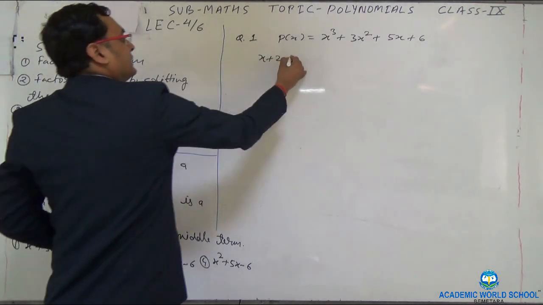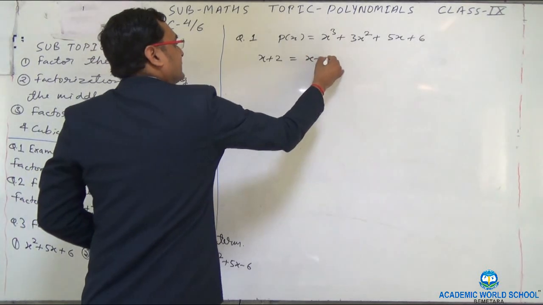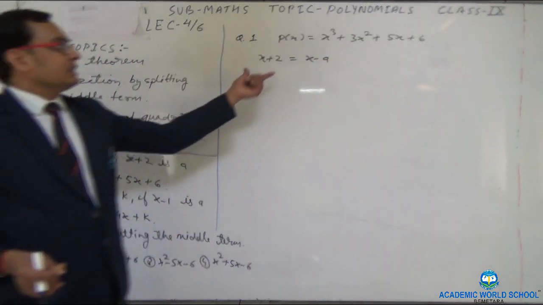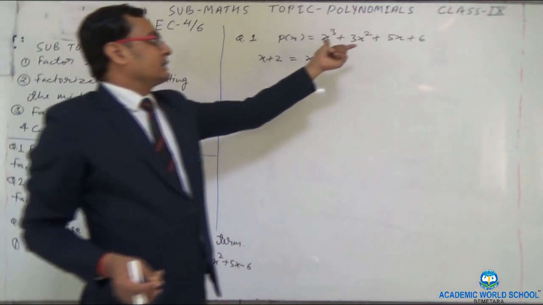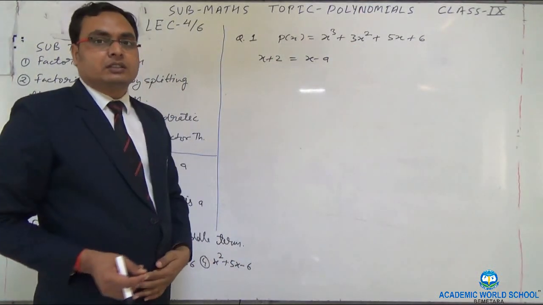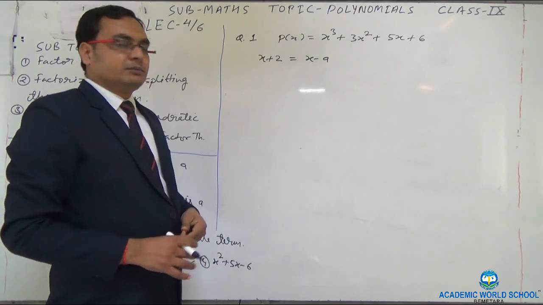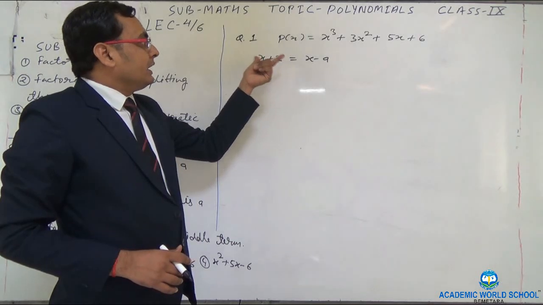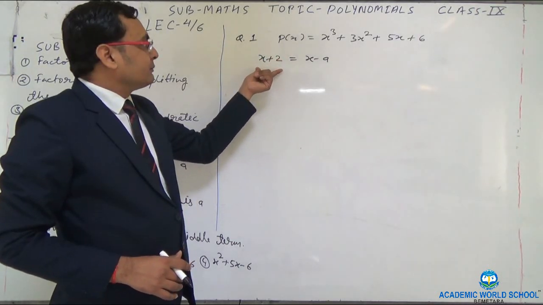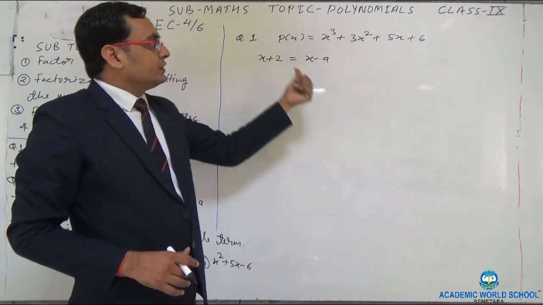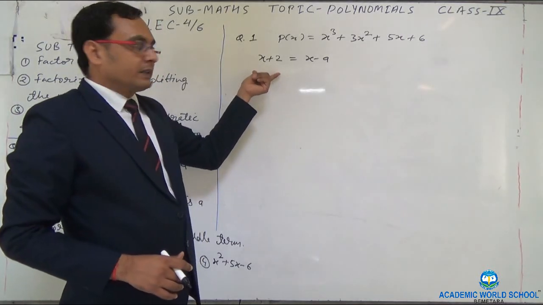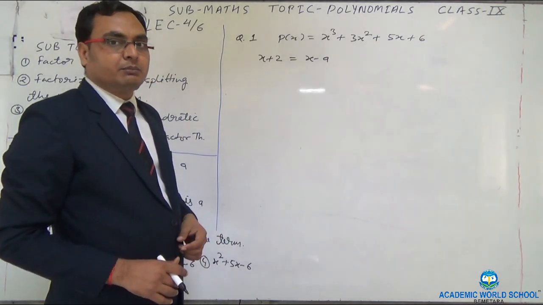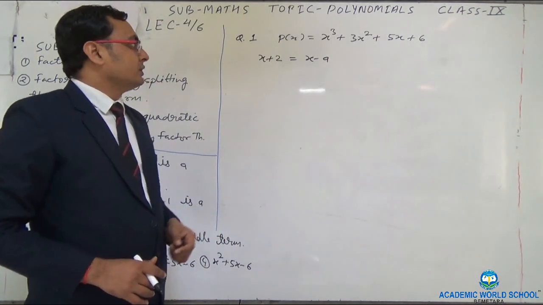It means this is equal to x minus a. Now we have to check whether this x plus 2 is a factor of this polynomial p(x) or not. So by the factor theorem we can say that if the remainder p(a) for this linear polynomial x plus 2 is 0, then this linear polynomial will be a factor of this polynomial p(x), otherwise it will not.